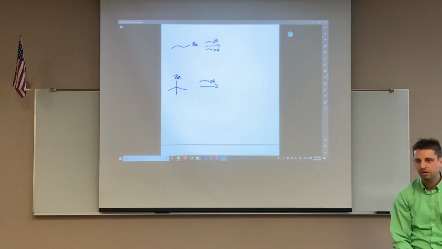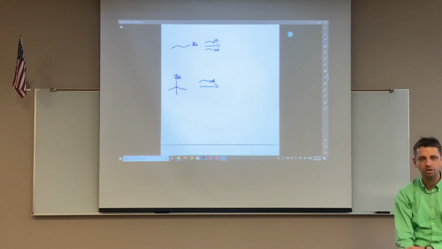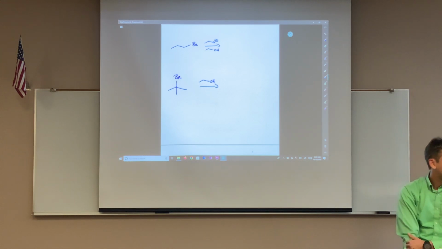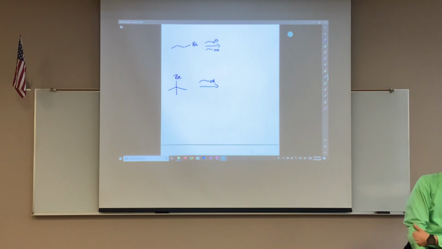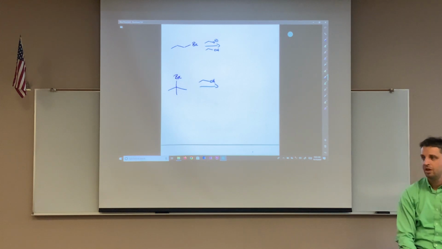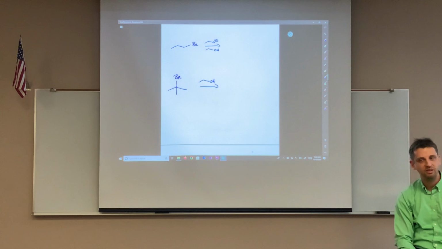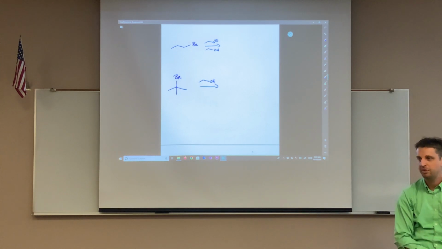We don't specify temperature, so we assume it's room temperature or lower. So we're pushing towards an Sn1. What's the rate determining step for an Sn1? Formation of the carbocation.